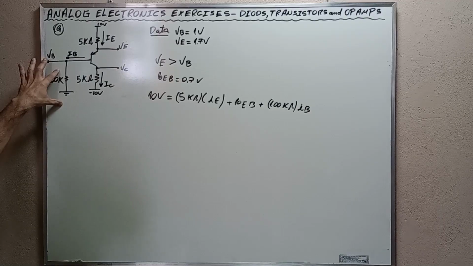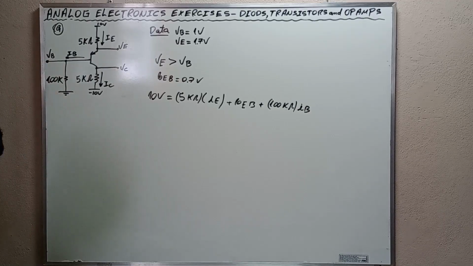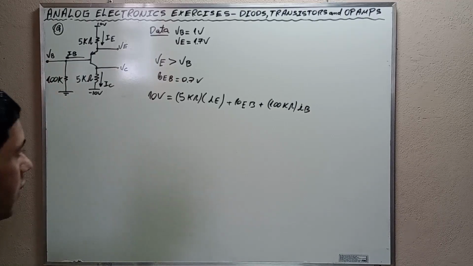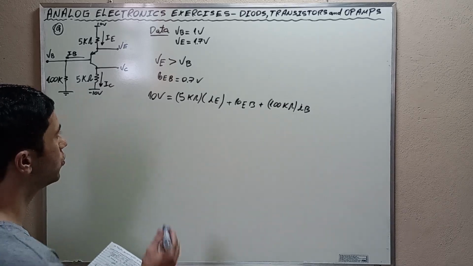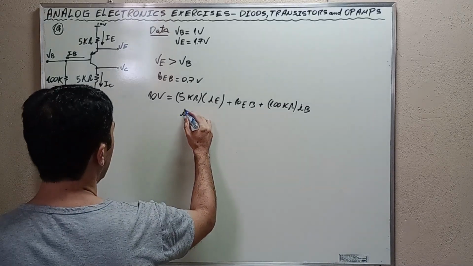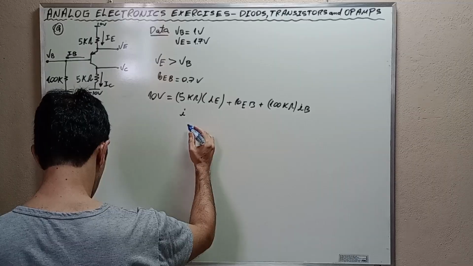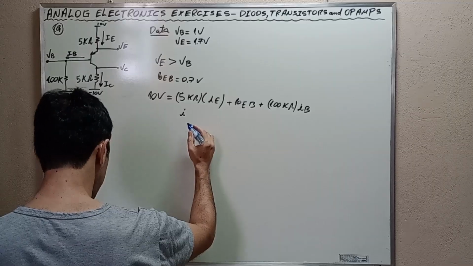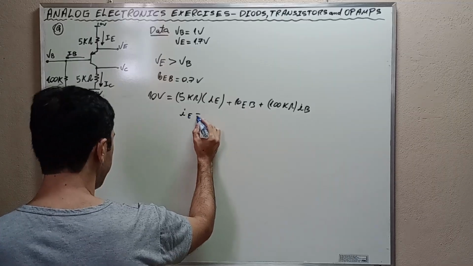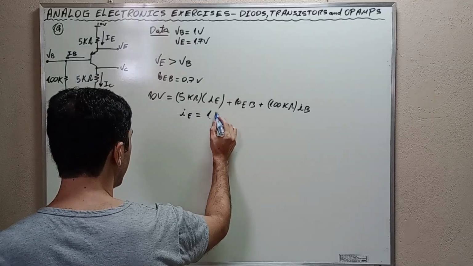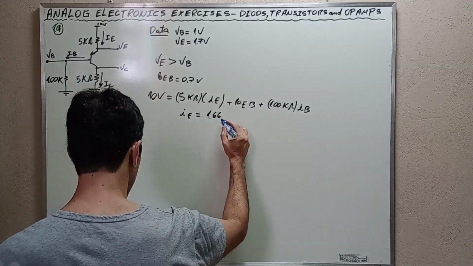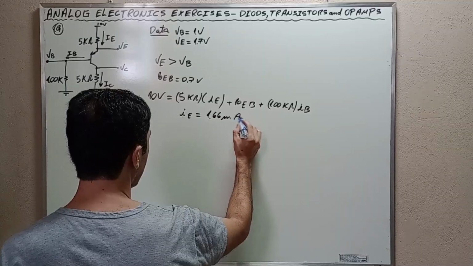Could you guys comprehend? If so, and manipulating, we use that and we find that IE is equal to 1.66 milliamps.